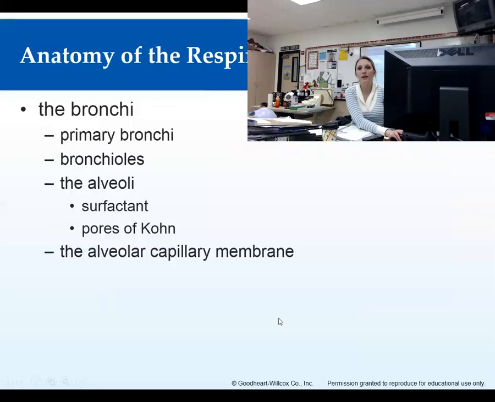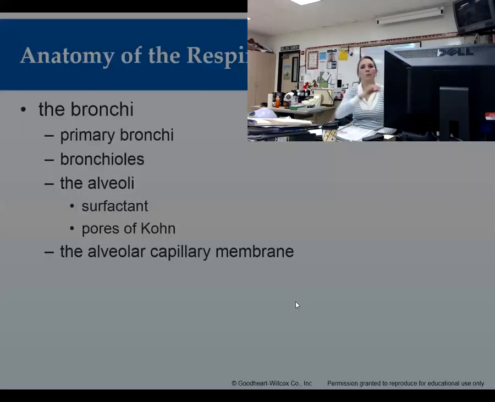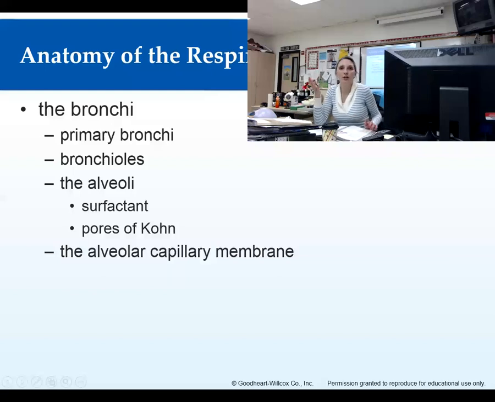Now, bronchi is plural. You'll hear the word bronchus used, and that's singular, for just that one larger tube. This splitting into two is actually called a bifurcation. So in case you ever hear that word, bifurcation is just that splitting. The bronchi are split into right and left.